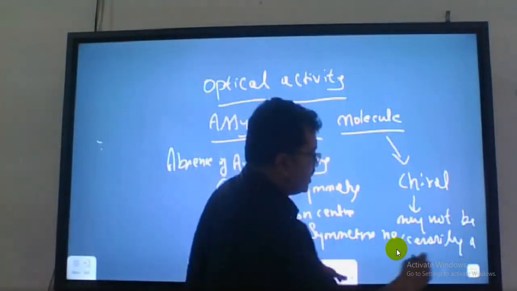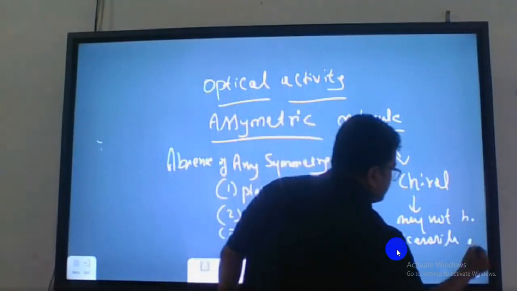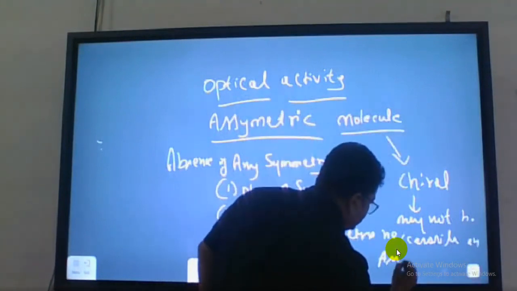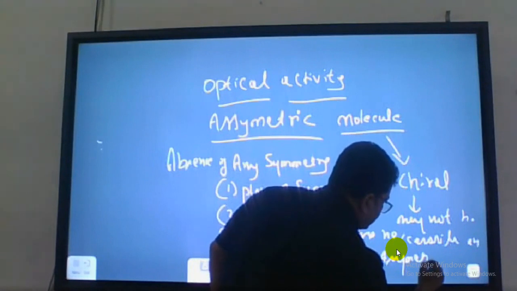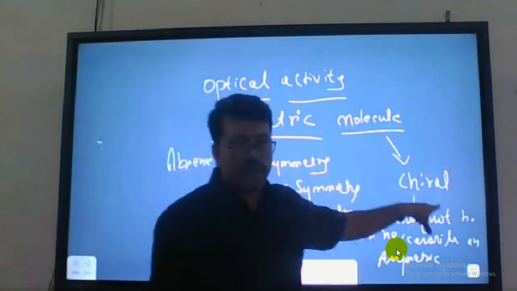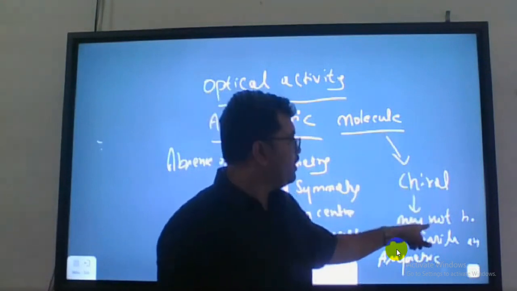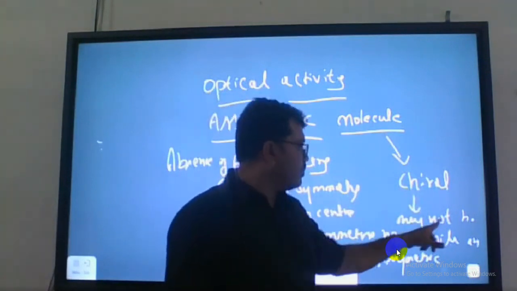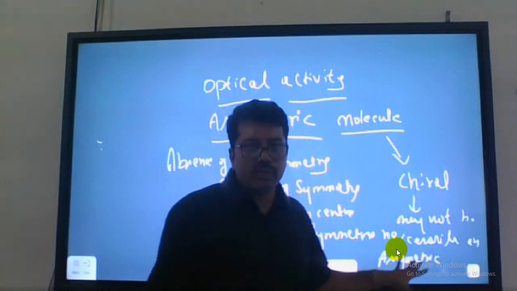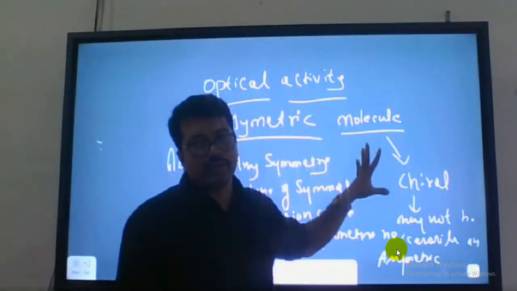See, all asymmetric molecules are chiral, but a chiral molecule may not be necessarily asymmetric. Asymmetric molecules will possess chirality.